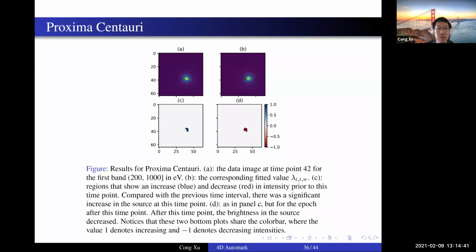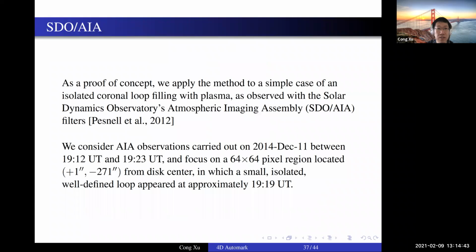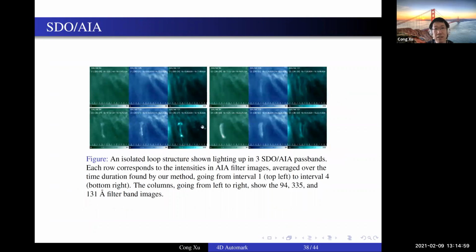Okay, so then we can look at another one. This data set is a solar data set, and there's some information about the details of this one. So that's how it looks. We just use 3 energy bands, so the 3 filters, and times from this.